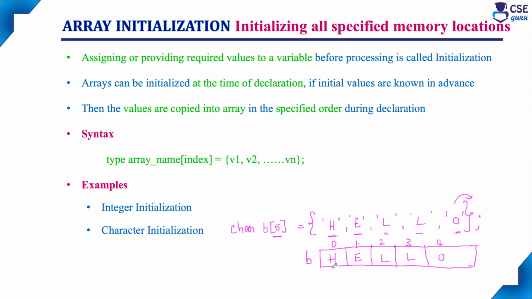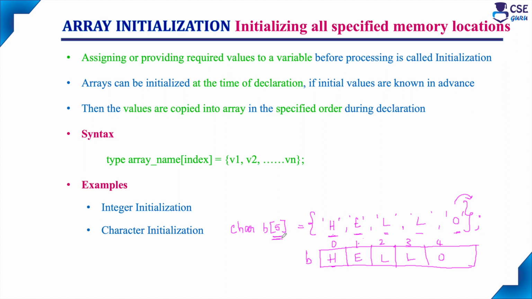So for a character, automatically 1 byte will be allocated. So totally 5 bytes of memory will be allocated for this B of 5. So wherever in memory 5 bytes are continuously free, that will be reserved for this B of 5. Okay.